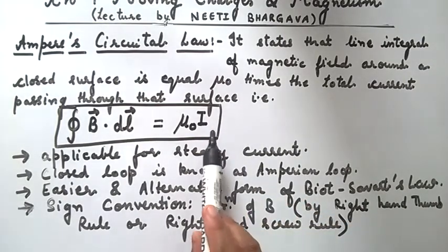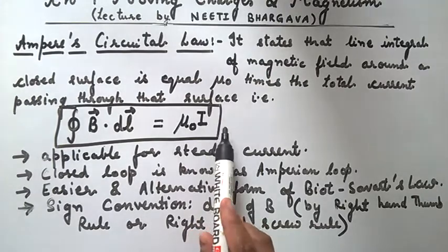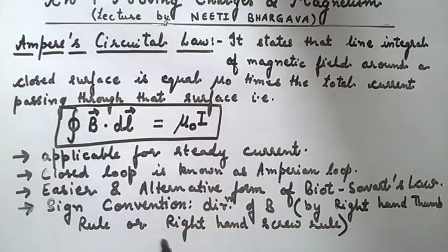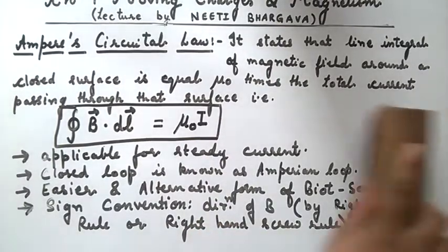So now let's draw its closed loop in uniform current distribution.